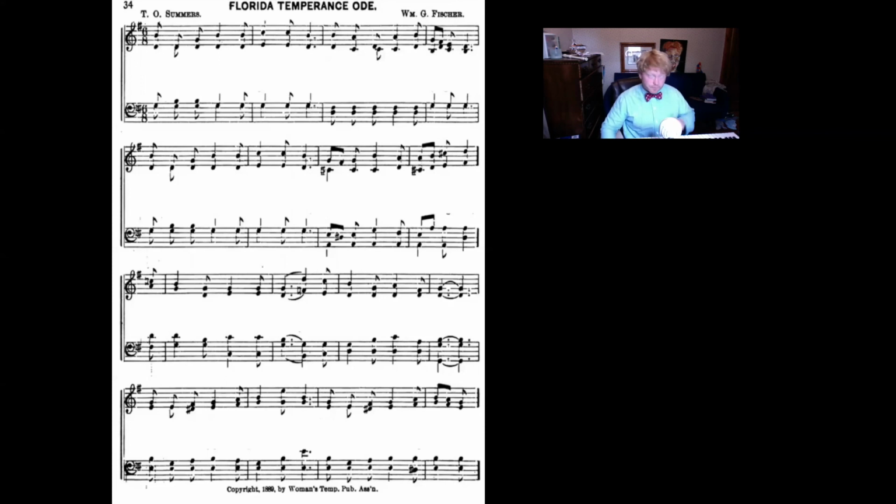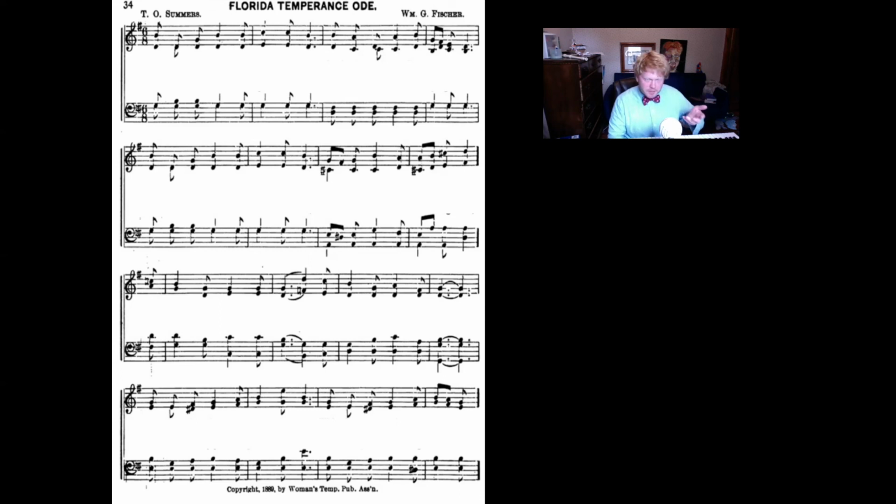Finally, I want you to sing the Florida Temperance Ode. This is a hymn which was drawn from the temperance movement. It's from a hymn book that was published by the Women's Temperance Union. Regardless of how you feel about temperance, which is the prohibition of alcohol, it was a really neat movement which was driven by politically active women, and it was really entwined with the movement for women's suffrage as well.